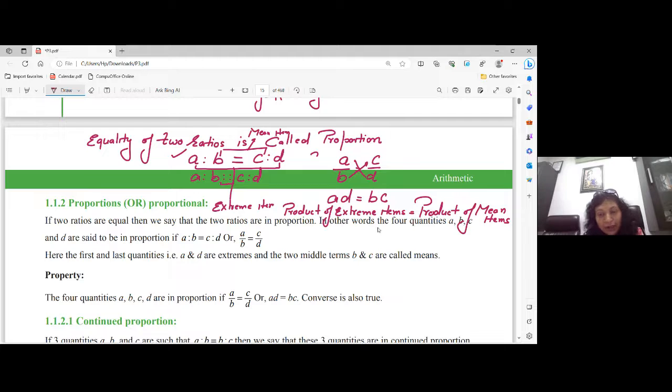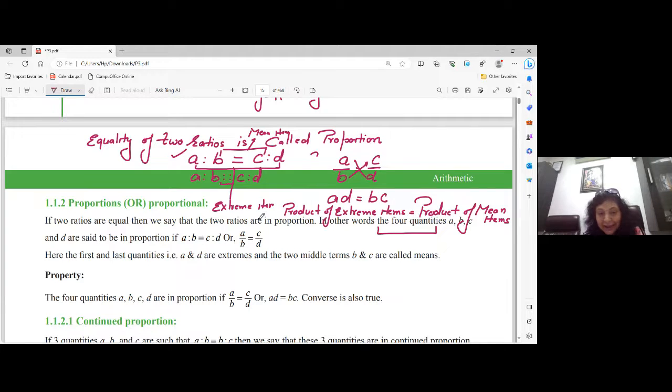If the products are equal, that means the ratios are in proportion. And if they are not equal, then the ratios are not in proportion. The first and fourth quantities of the proportion are called extreme items, and the second and third items, the middle items, are called mean items.